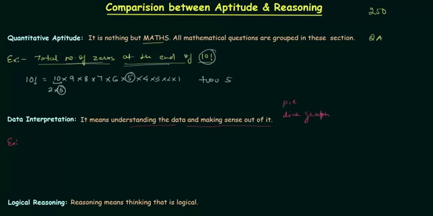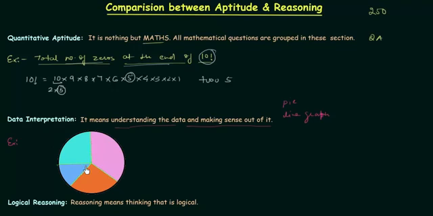I will take one pie chart for this purpose. This is a pie chart for human body composition. I have divided this pie chart into 10 equal parts, and 4 by 10 is for hormones, enzymes and proteins. 3 by 10 is for muscles. 2 by 10 is for bones, and finally 1 by 10 is for skin.